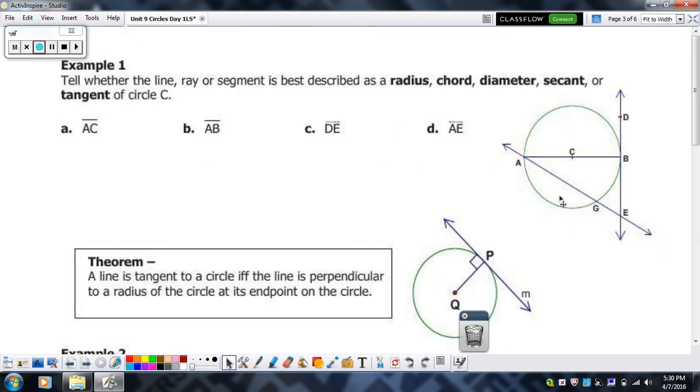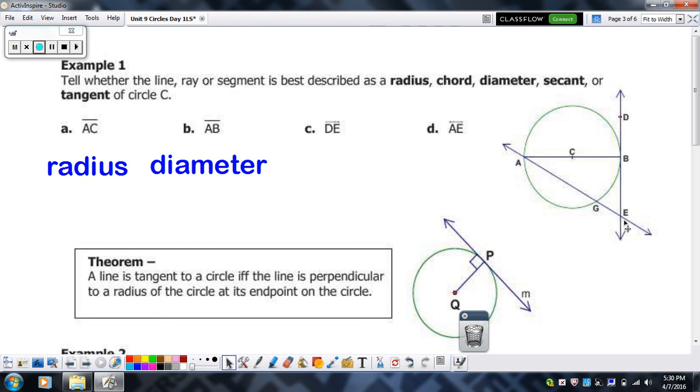Let's look at this example here and decide if we have a radius, a chord, a diameter, a secant, or a tangent. Let's look at the line segment from A to C. Since C is the center of the circle and A is on the circle, we have a radius. Our segment AB goes through the center, ending on both sides of the circle, making that our diameter.